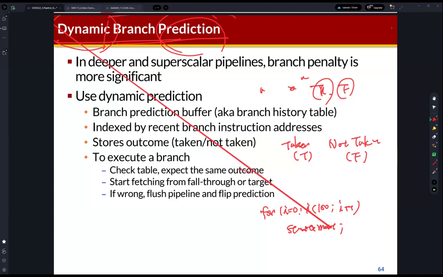Okay, so this is the for iterative loop, right? We can implement this for iterative loop using the branch instruction.